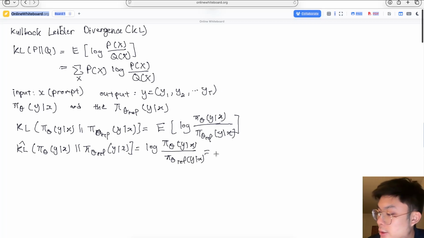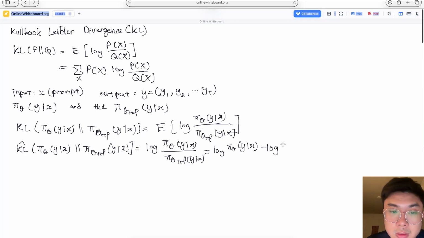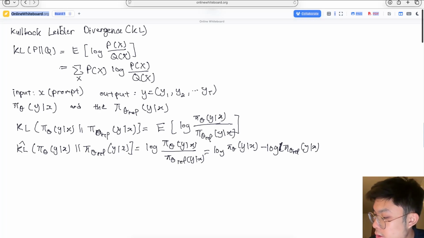Based on the log identity, we can split this up into a difference of two logs, minus. And what is actually the probability of the sequence given x?